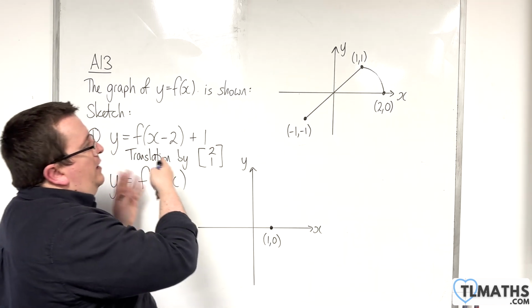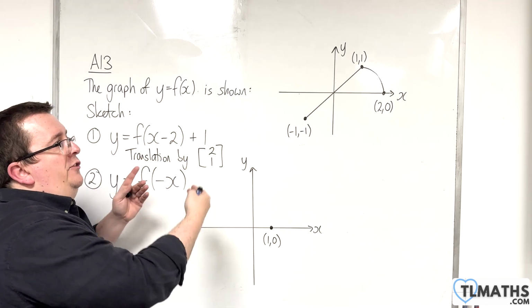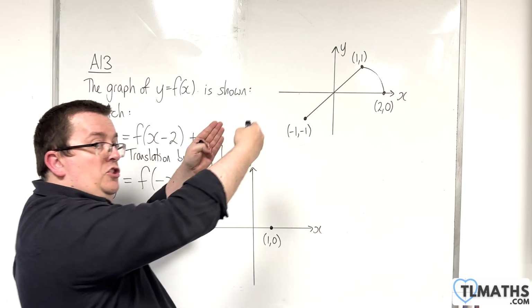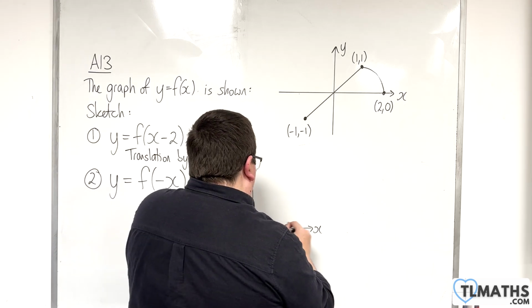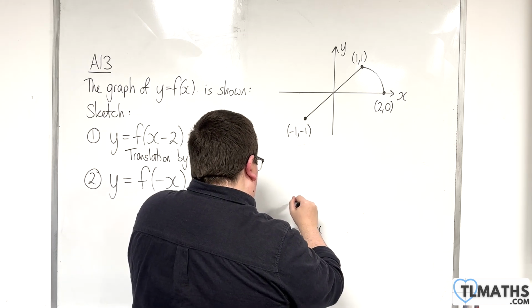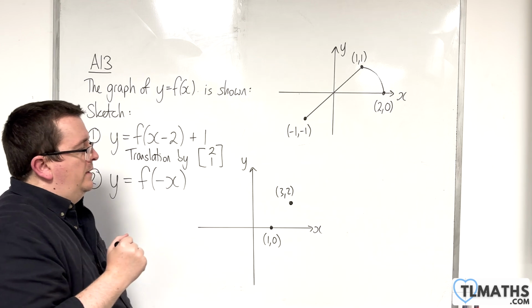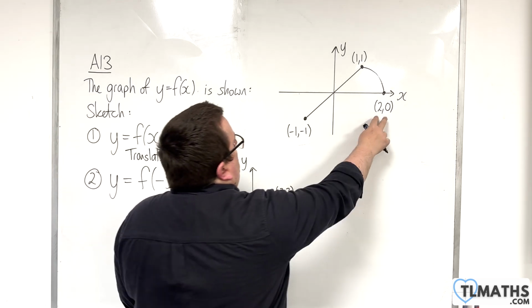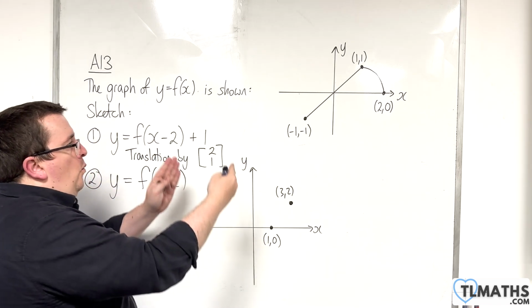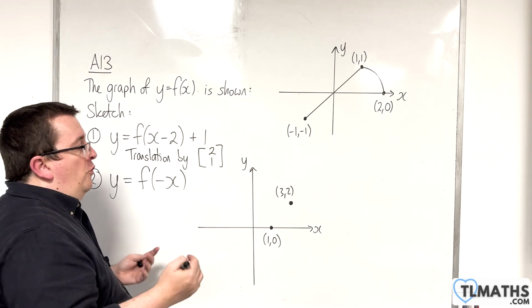1, 1 is going to go 2 units along 1 up. So that's going to go to 3, 2. So 3 along 2 up. So something like here. Doesn't need to be perfect. Okay. And then 2, 0 is going to go 2 along 1 up. So that's going to go to 4, 1.